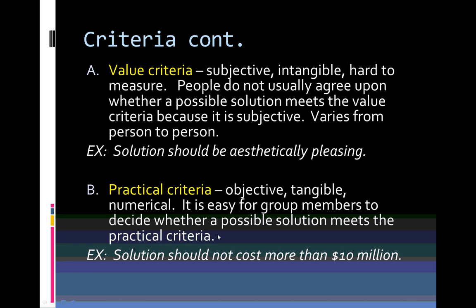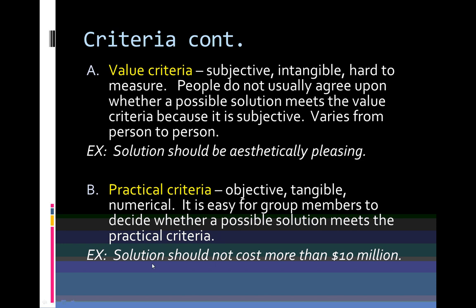So in our dating example, if I said that somebody needed to have a job, it's very tangible for that person to prove to me that they have a job. And it would be easy for all my family members to agree, yes, this person meets that standard. Show me the paycheck, bam. It's proof that they have a job. We're not going to argue over that, compared to the value criteria as to whether or not the person is good looking or has a good sense of humor.